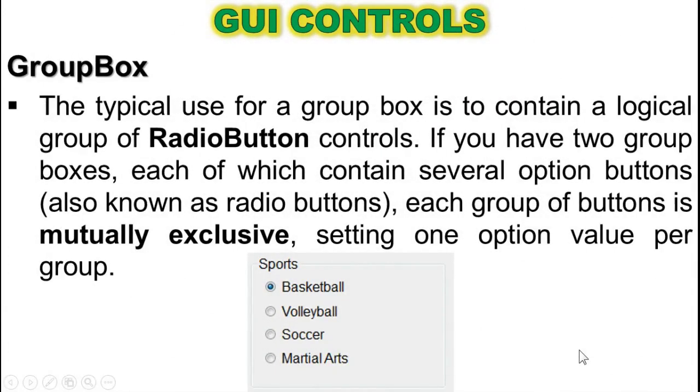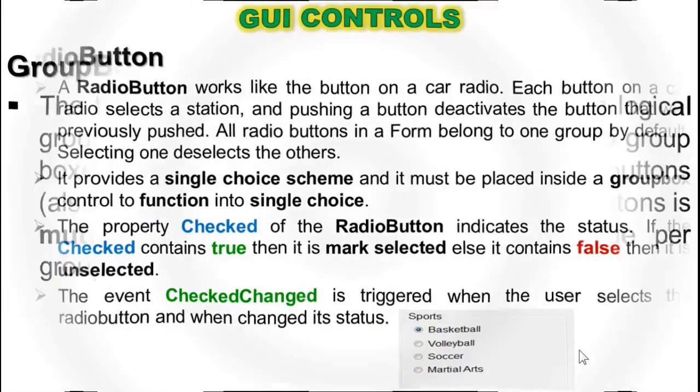The typical use for a group box is to contain a logical group of radio button controls. If you have two group boxes, each of which contains several option buttons, also known as radio buttons, each group of buttons is mutually exclusive, setting one option value per group.